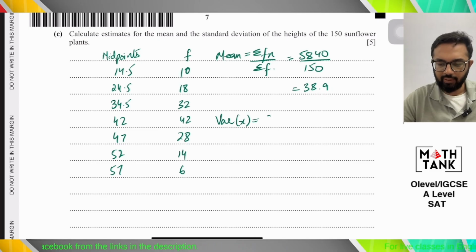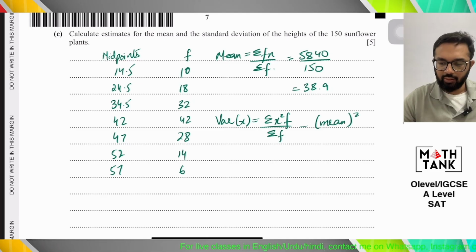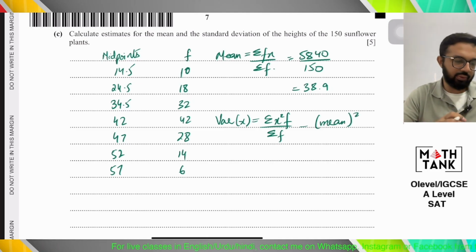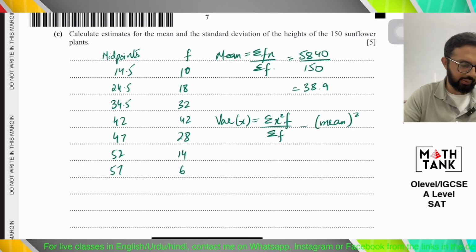And for standard deviation, you first do variance. Variance is sum of x squared f over sum of f minus the mean squared. Again, I would just calculate this with the squares. Luckily, I have it on my calculator.